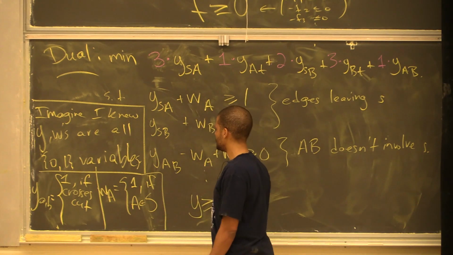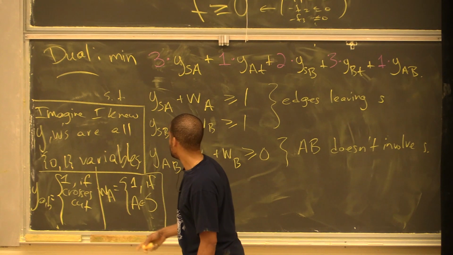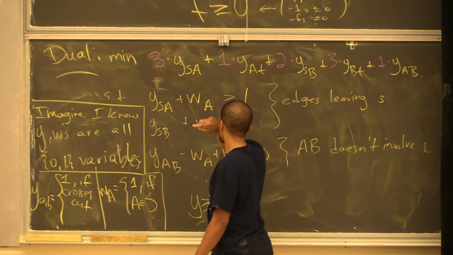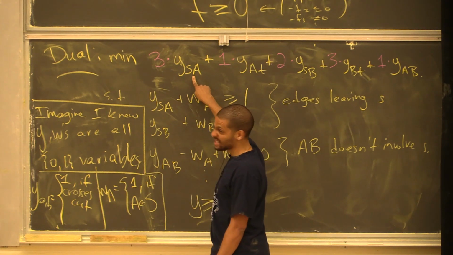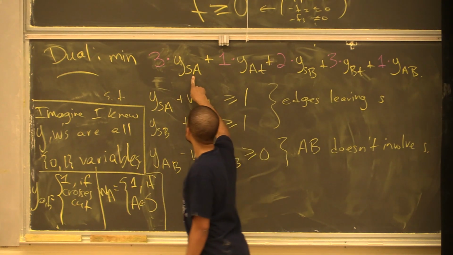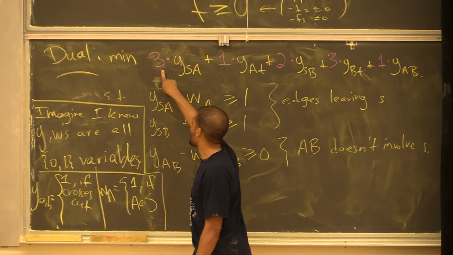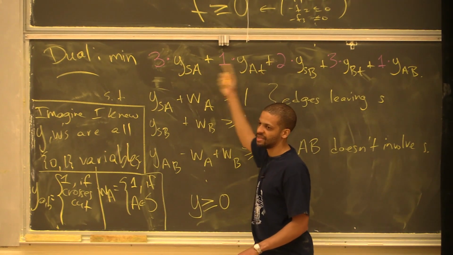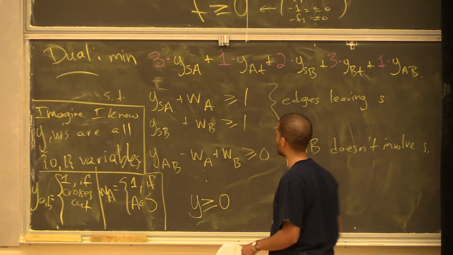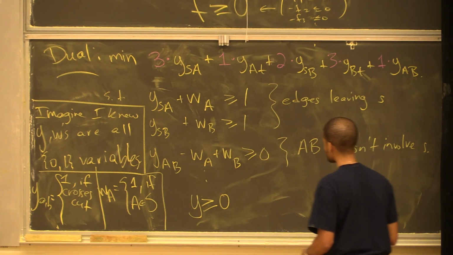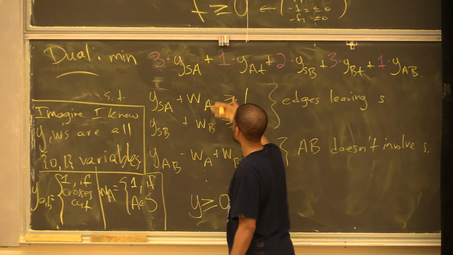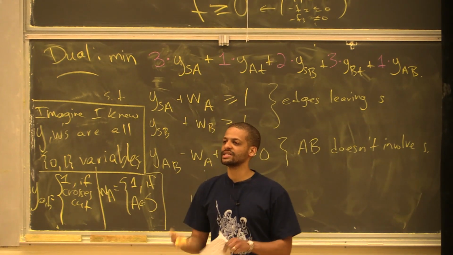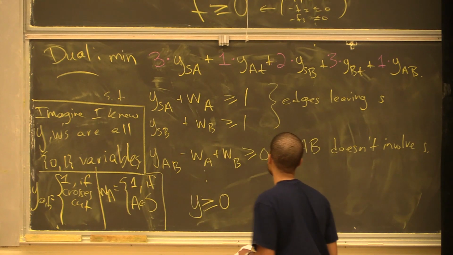So let's say there's some cut S, T. This thing is 1 if it crosses the cut, and then I pick up the capacity of that edge, and otherwise I get 0. So this whole thing here would be the capacity of that cut. And these constraints are basically forcing me to set the y's and w's that are consistent with the cut.